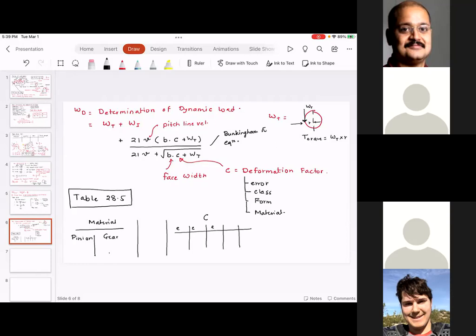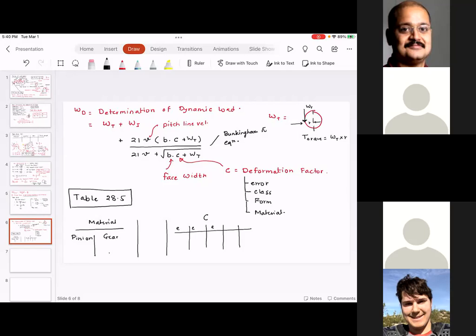Now, what do I mean by the tooth error in action? When you are trying to cut the gears, depending upon your requirement, you use different types of cutter. And based on the grade and the quality of the cutter, the error changes. So the total tooth error in action goes from 0.01 millimeter, 0.02 millimeter, 0.04 millimeter, 0.06 millimeter, and 0.08 millimeter.